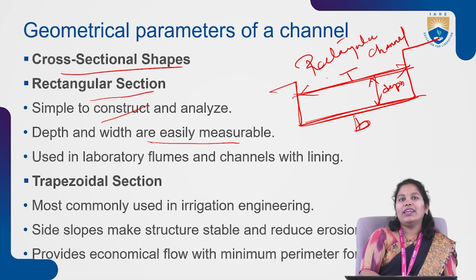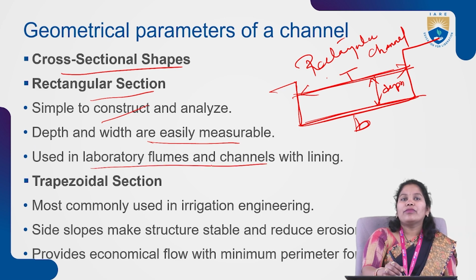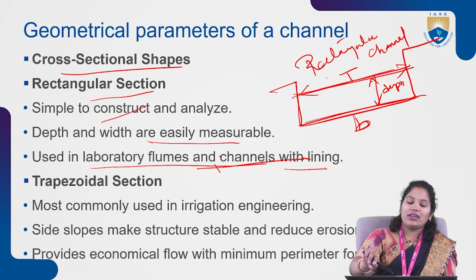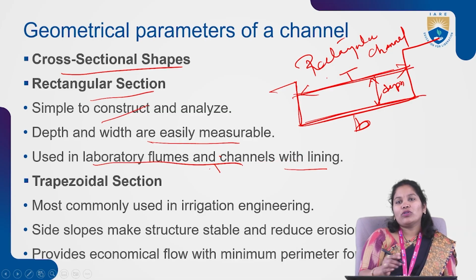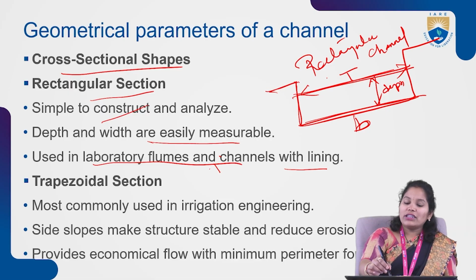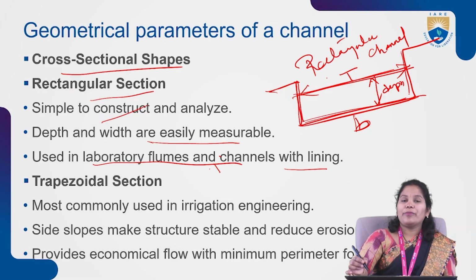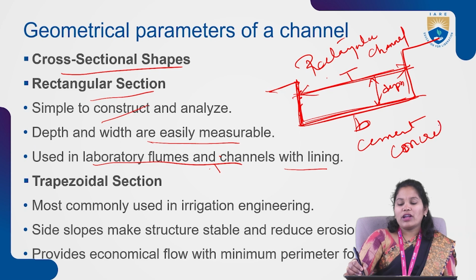This rectangular channel is used in flumes and channels with lining. Lining. What is lining? I think we have discussed it previously also. Lining means we use materials like cement or concrete and clay soil to make the surface smooth.